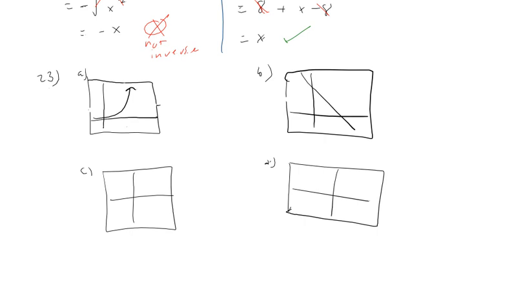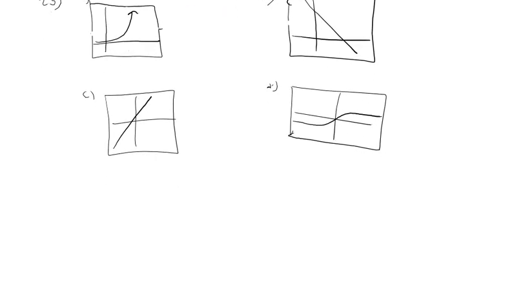C looks like it's kind of going here, and D looks like it's kind of wiggling like that. So those are our graphs. We want to match the inverse with the one we have. This is 23, so the graph of 23 looks like that.